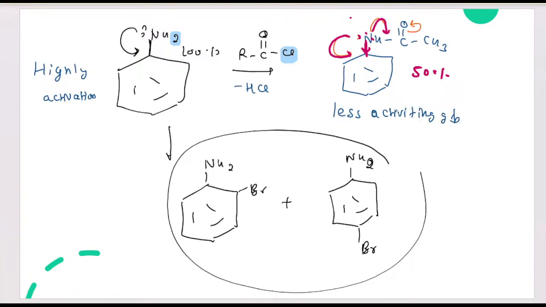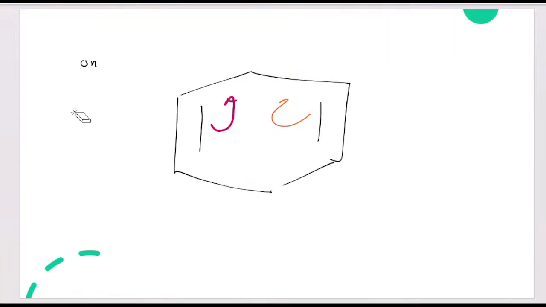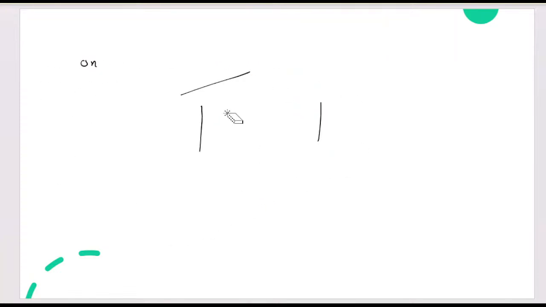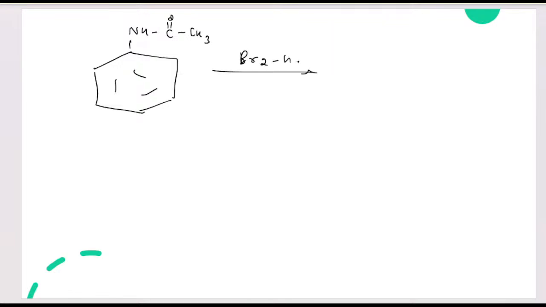Okay, the point number one. Now, in this case again, you have to go. Let me just write this part only. So we are using protecting aniline. Okay, so let me just use again bromine and water.